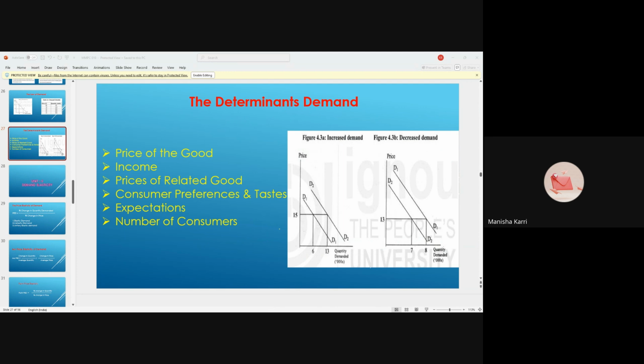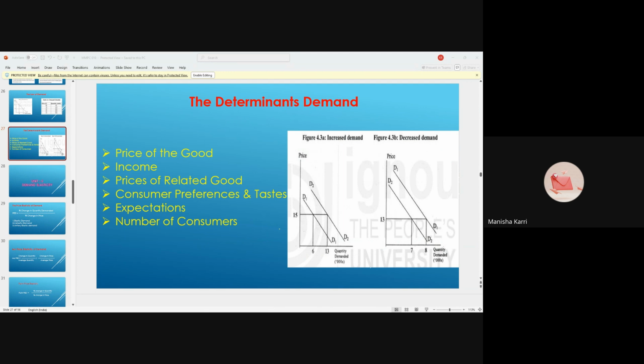Here quantity demanded, here also quantity demanded and price, the difference between the price and quantity demanded, okay. So all these six determinants will interact to shape the overall demand for goods or services within the market.